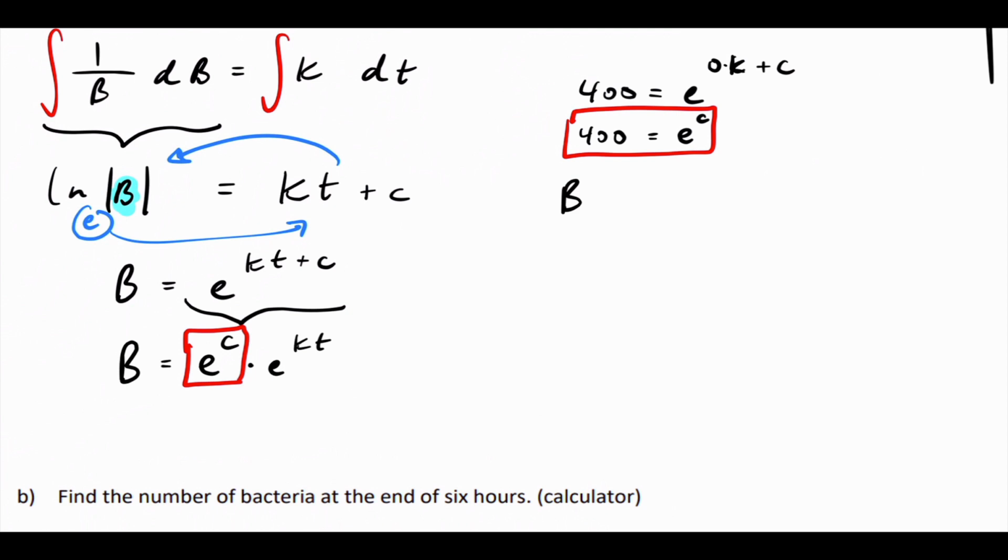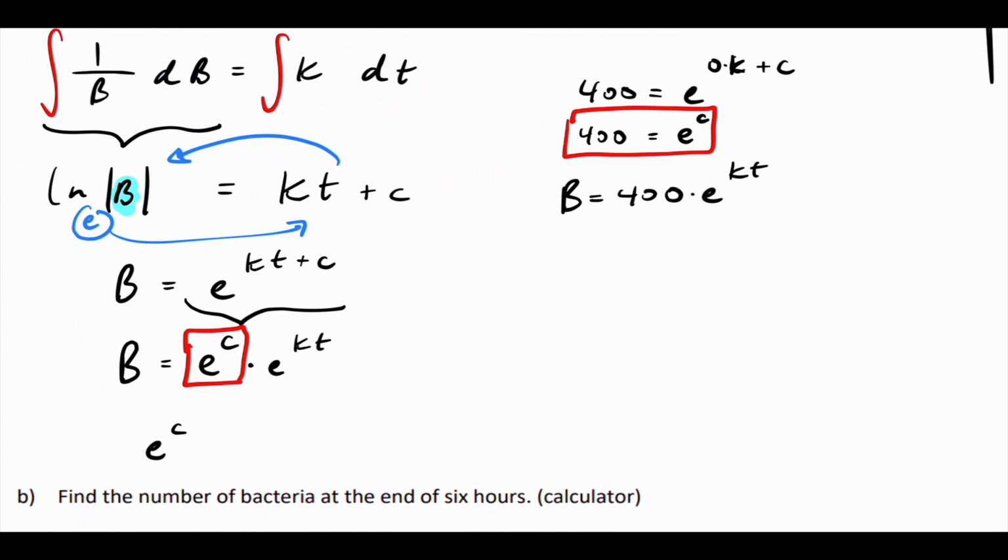So B equals 400 times e to the kt. Put a little note.